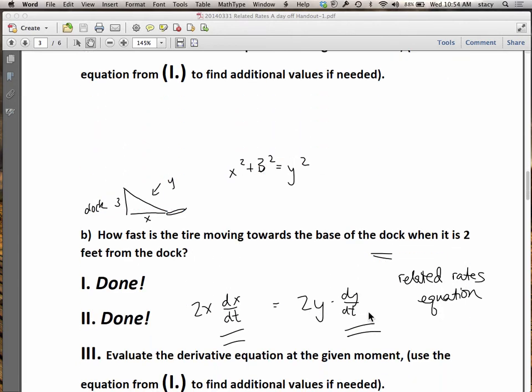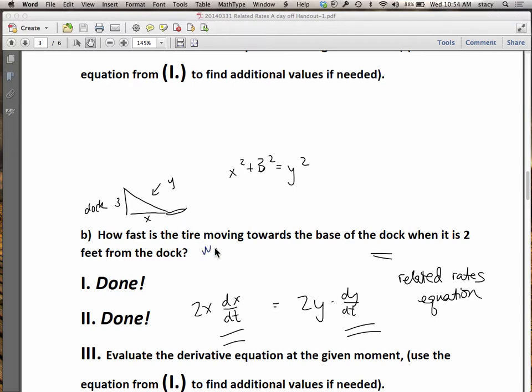Okay, so how fast is the tire moving towards the base of the dock when it's 2 feet from the dock? So what are they asking for? Yeah, so saying how fast is the tire moving towards the base of the dock? Well, the distance of the tire from the dock is x. So how fast it's moving is going to be the rate of change of x, right?